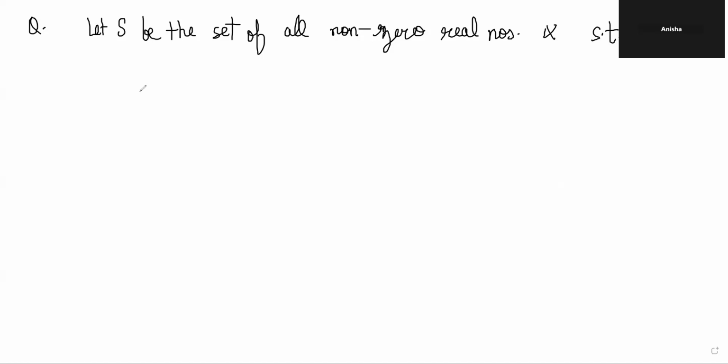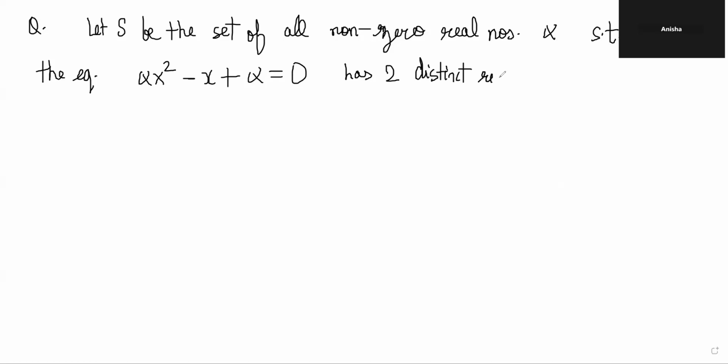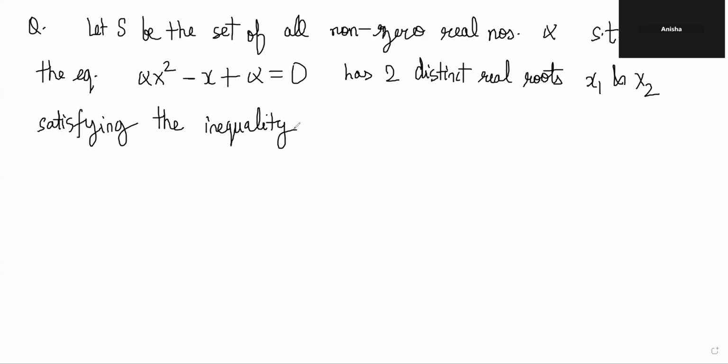Now, here the next question is: Let S be the set of all non-zero real numbers alpha such that the equation alpha x square minus x plus alpha equals 0 has two distinct real roots x1 and x2 satisfying the inequality mod of x1 minus x2 is less than 1.